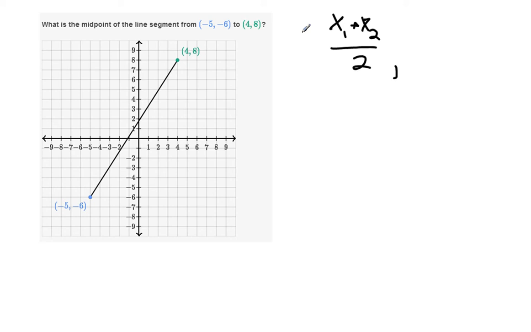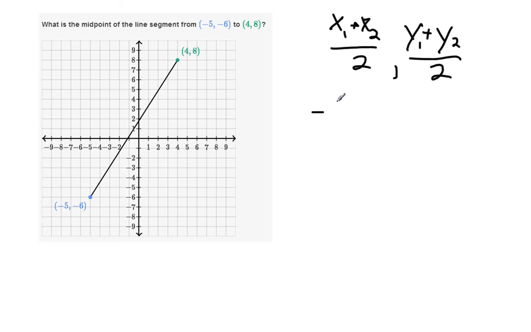And then our midpoint y coordinate is y1 plus y2 divided by 2. Alright, so we're going to take the average of our x coordinates, the average of our y coordinates, and we're going to get an answer.